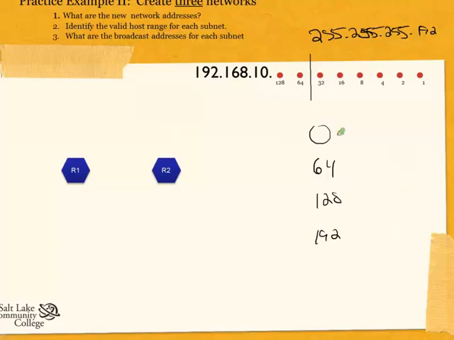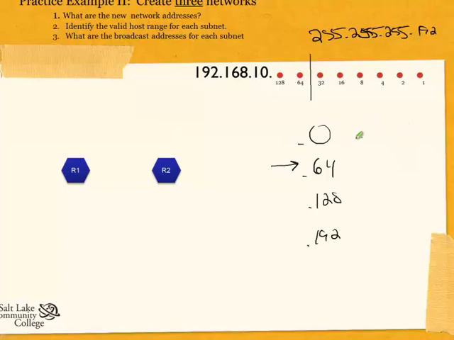Okay, next we have to define the broadcast for each of these networks. So this is the .0 network, this is the .64 network, this is the .128, and this is the .192. What is going to be the broadcast for the 0 network? Well, remember our rule. This is the next network number right here. So 64 is the next network number. So the number before that is always going to be the broadcast for the preceding network.